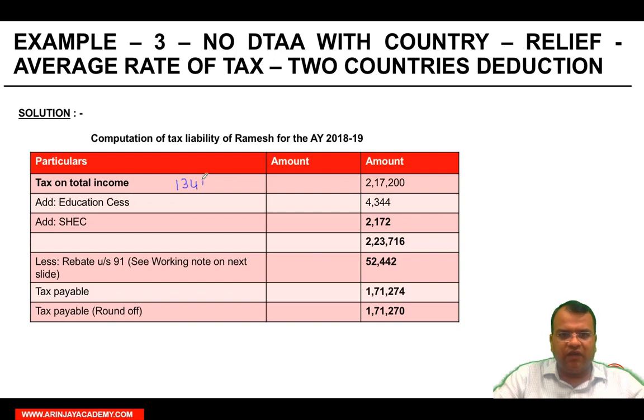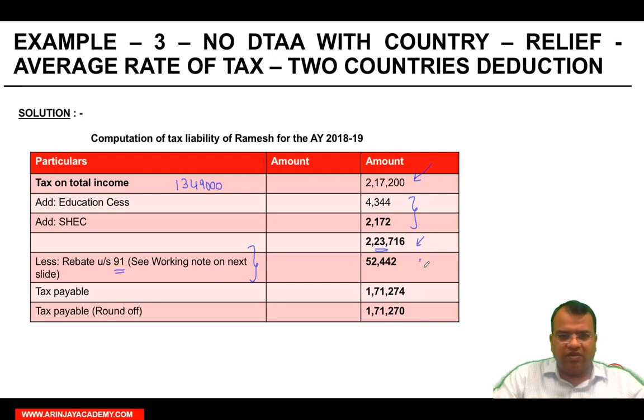Now the tax on total income, how much was the total income? It was 13,49,000. The tax on this is 217,200. After these relevant cess and surcharge, the total amount comes to 223,716. Right? Now from this he needs to get a deduction or a rebate for double taxation, which is available under section 91.